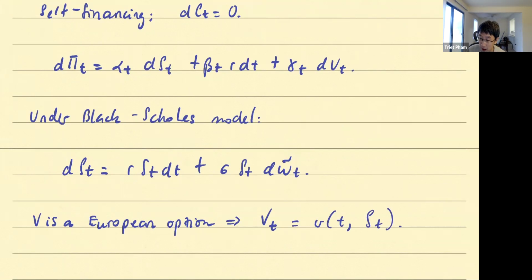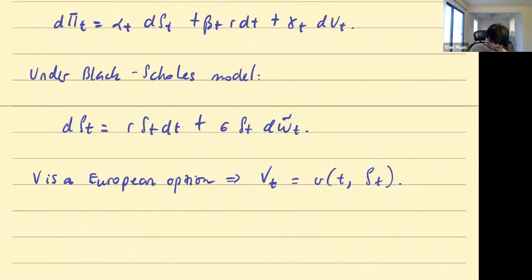So in other words, being a European option means the value of the option at time t is completely determined by the stock value at that time and the time moment.